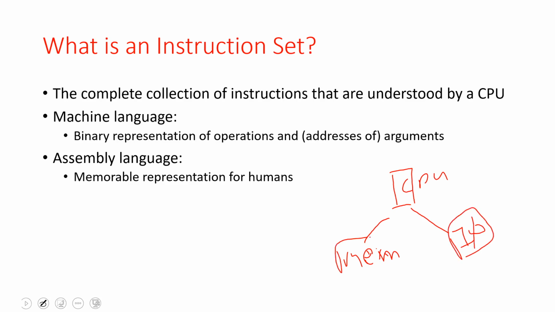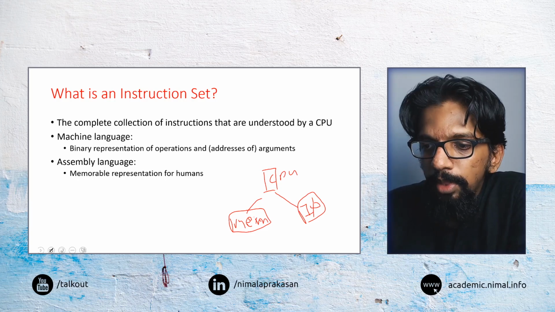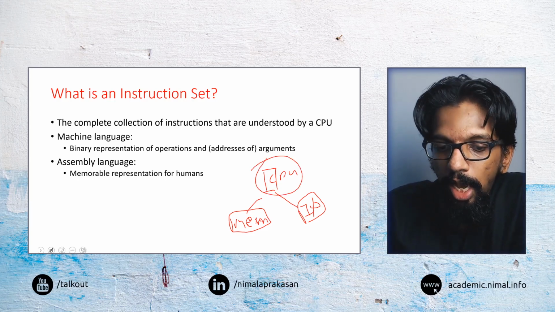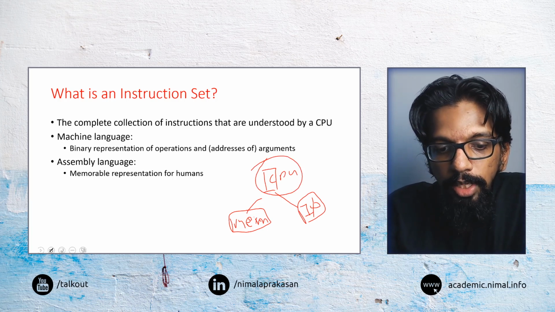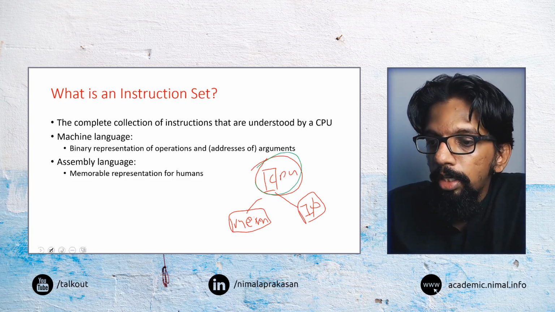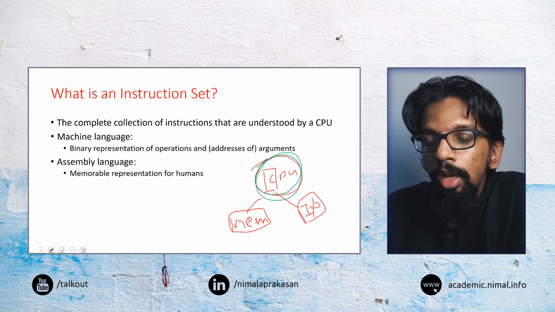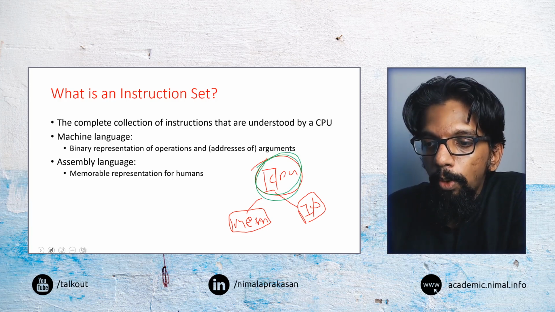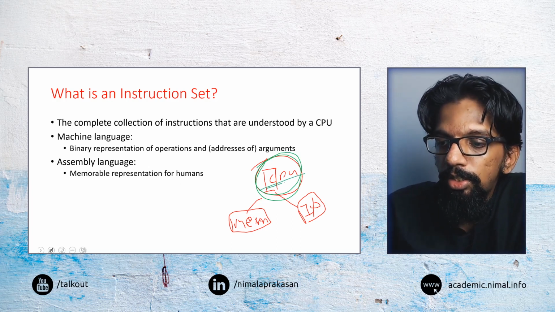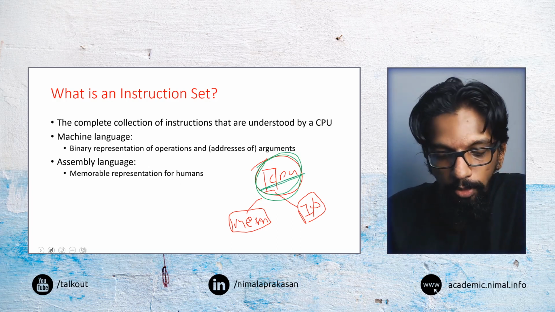So these are the three key components that we looked at in the previous weeks. From this we identified the CPU as being the key component that is going to do the computations. So whatever program is going to use this computer needs to work with this CPU.